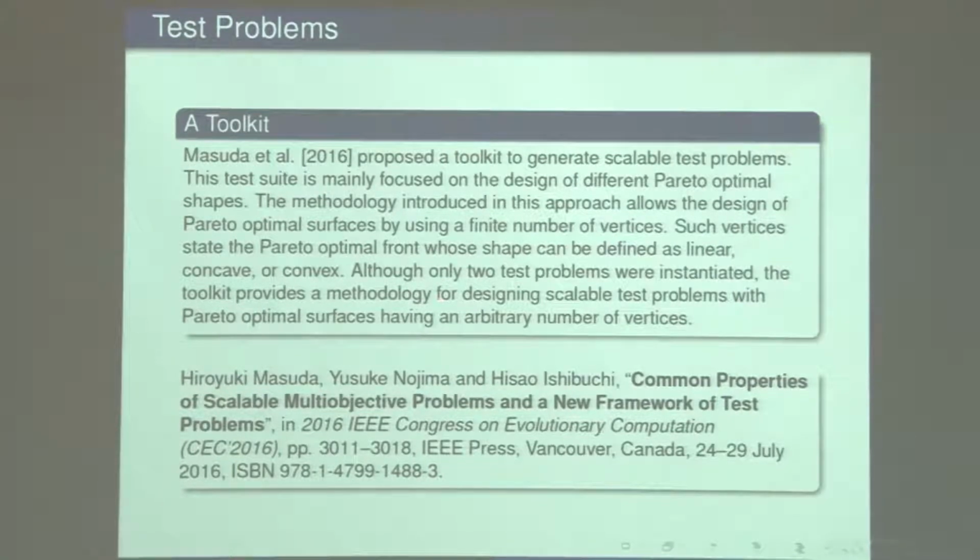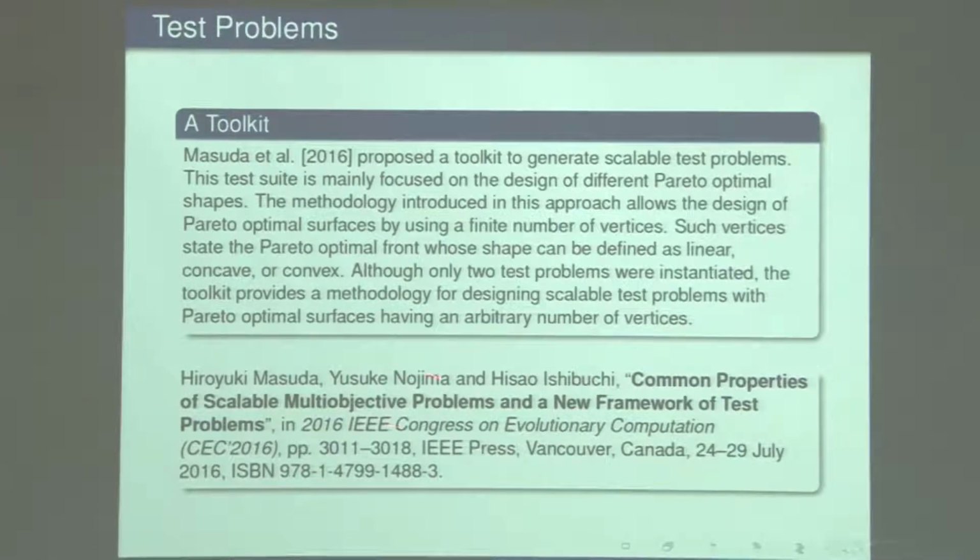And these vertices state the Pareto optimal front, whose shape can be defined as linear, concave, convex. There are several possibilities. In the paper, they only instantiate 2 test problems, but the paper contains, again, a methodology so that people can develop more.